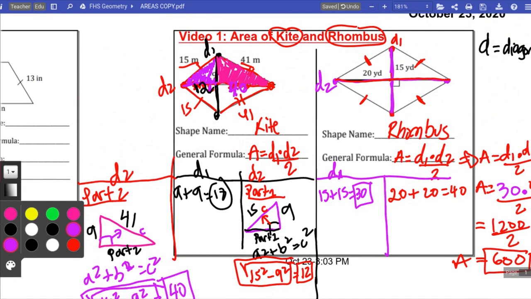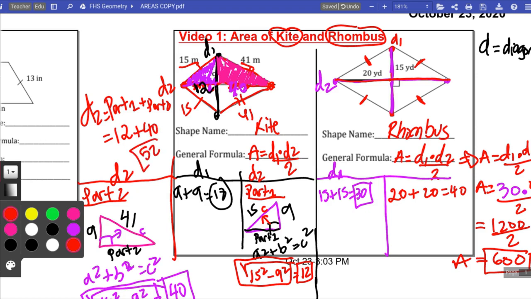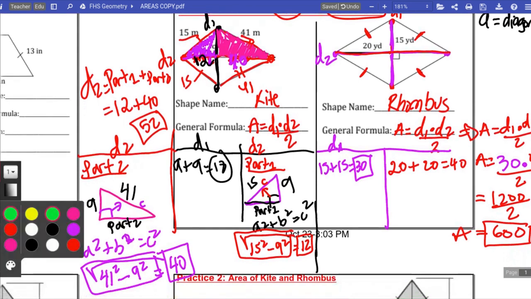Now, ladies and gentlemen, I can find the dimension of D2. So I'm going to combine. The official D2 is part 1 plus part 2, which is, what was it again? 12 plus 40, we get 52. Now we can use the final formula.